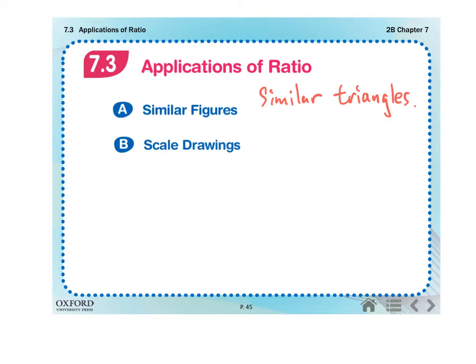The next one is the scale drawings. Where can you find the scale? Yes, from the Google map, you may have this one at the bottom of the map, maybe 5 km. So what is the meaning of this kind of interval here? It means that, for example, 1 cm in the map equals 5 km in reality.